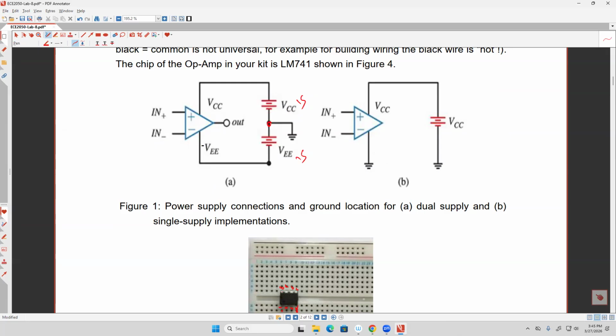Keep in mind, this point here has to go to ground. So if you do it this way, guys, this terminal here should be equal to positive 15, and this one here should be negative 15. And this part here is the ground. Is that okay? So this is how you should do it.